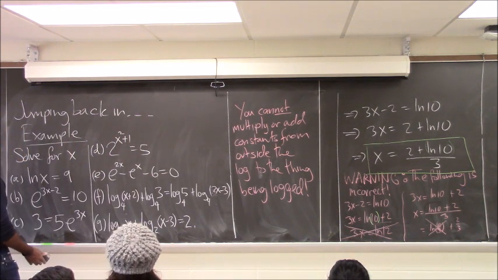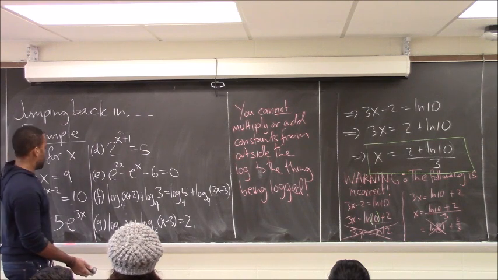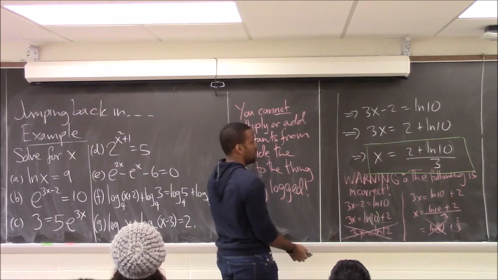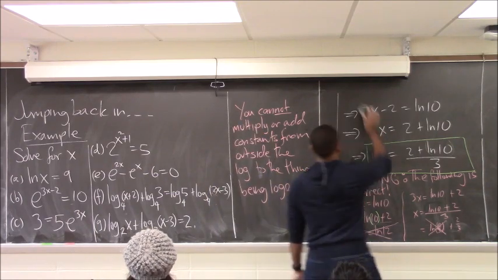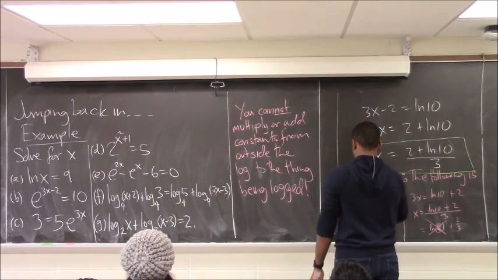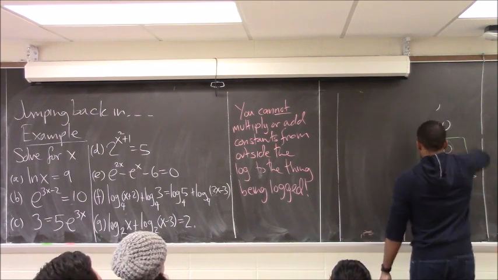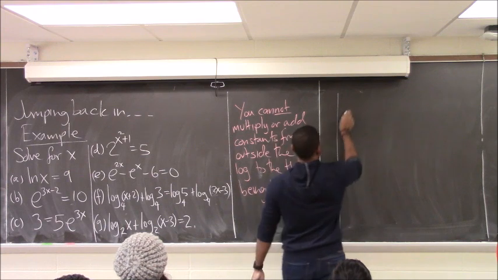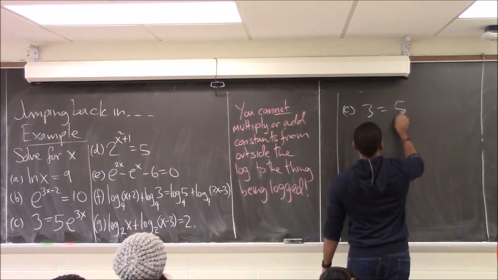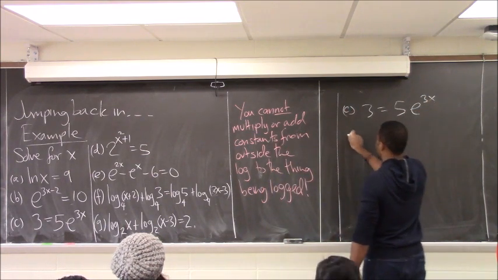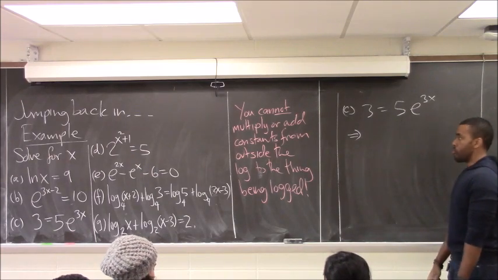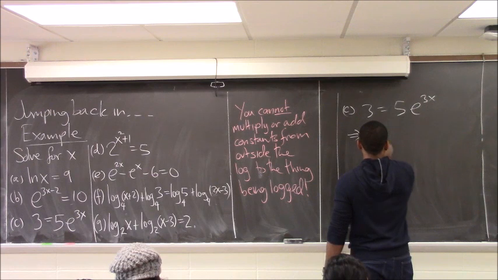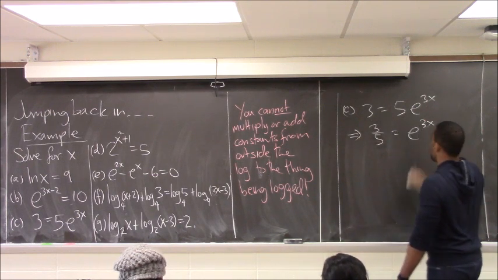Let's do C, which is somewhat similar. Okay, what do we do now? Divide by 5 on both sides. First move the 5, divide by 5, yes. And then just do the other column, which is ln, substitute.